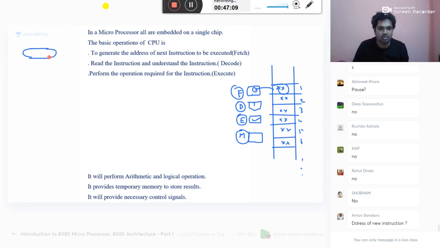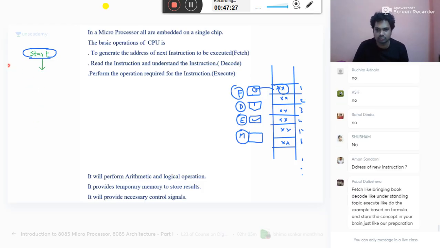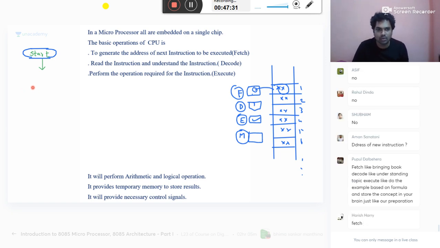So first, let me show you with the help of this figure. So when you start the computer, now you will be able to understand. Just listen. Right, Kupul, exactly.